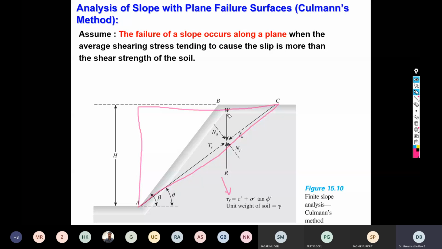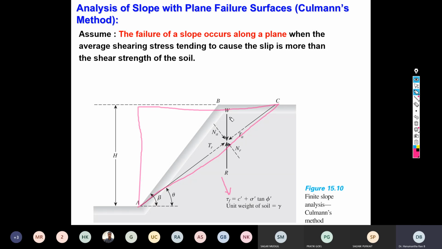Now, when there is a wedge, the load causes the development of normal stress and shear stress all along the failure plane. The normal stress is represented in the form of the weight and some other component, and the shear stress is what causes instability within the slope.